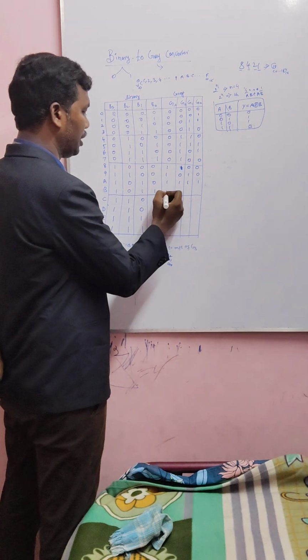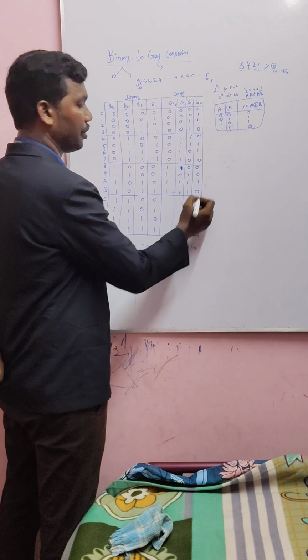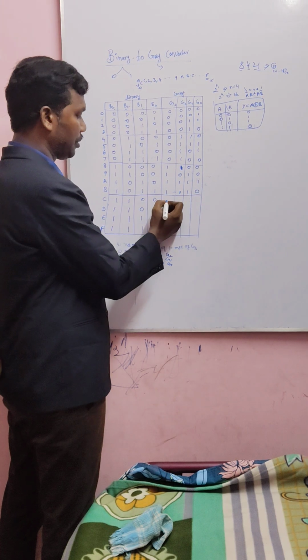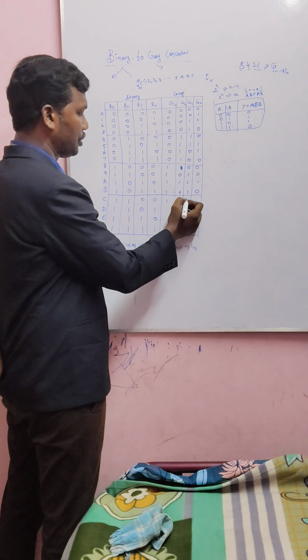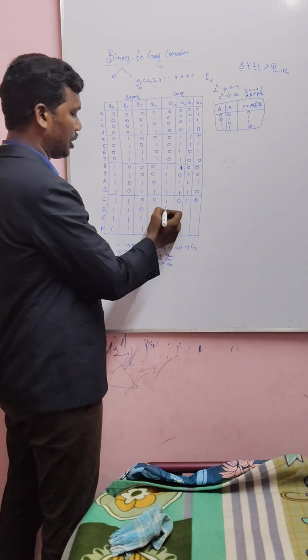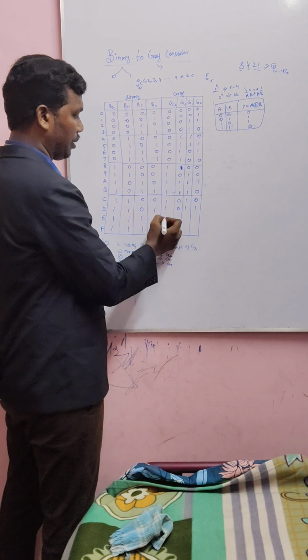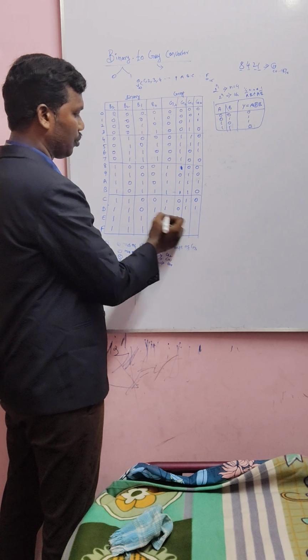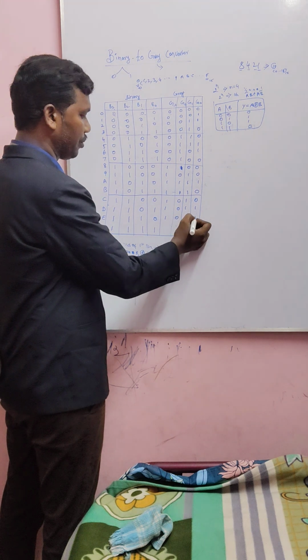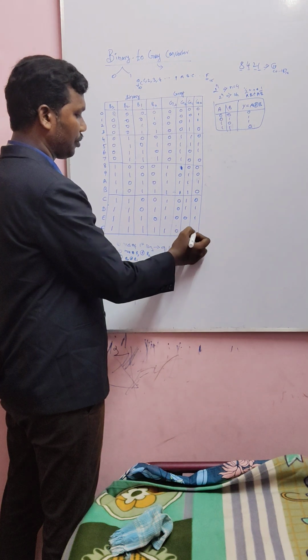And next will be 1, 1, 0 will be 1, 0, 1 will be 1, 1, 1 will be 0, right? And this combination 1, 1, 1, 0, 0, 1, 1, 0, 0, 0. And next combination 1, 1, 1, 0, 1, 0, 1, 0, 1, 1. And 1, 1, 1, 0, 1, 1, 0, 1, 0 will be 1. And the last will be 1, 0, 0, 0.